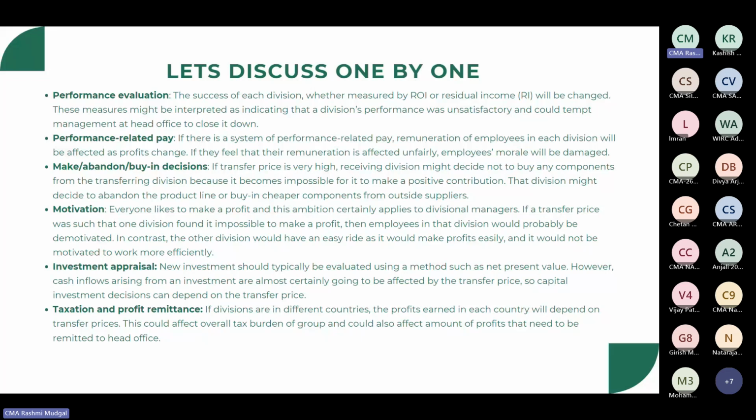This could affect the overall tax burden of a group and also the amount of profit that needs to be remitted to the head office. Every company will definitely give some profit to the head office, because they are also working for the subsidiaries, the registered office and branch offices. They are going to share the profit with the head office, because without them they cannot work at all.